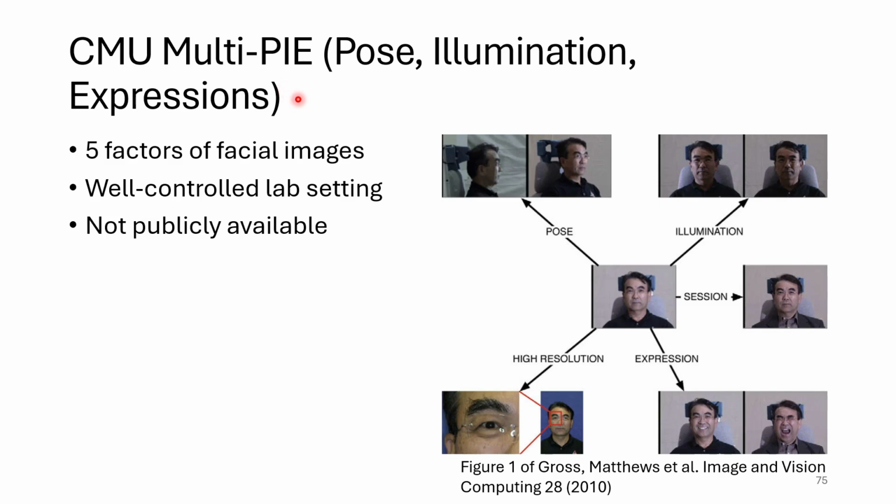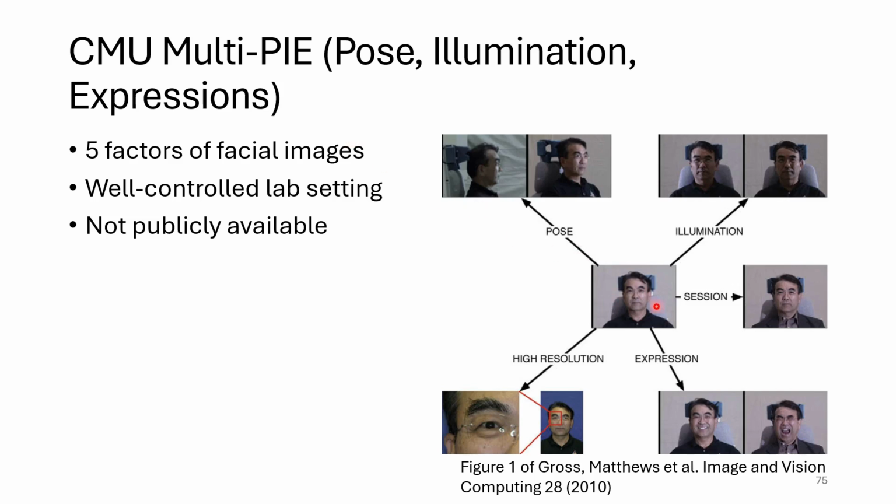So let's see the features of CMU Multi-PIE. CMU is Carnegie Mellon University. As you remember, in our previous week, we saw they developed a studio, very impressive. When they tried to compose a dataset of human faces, they created this one.